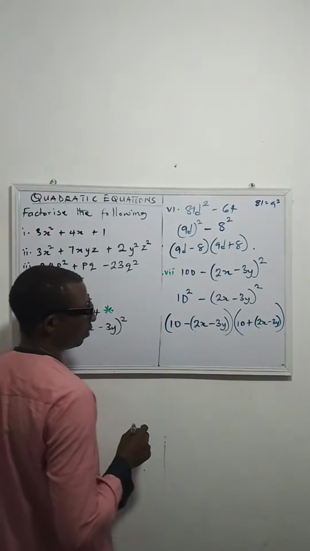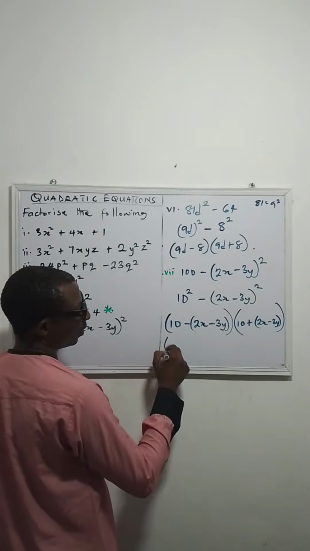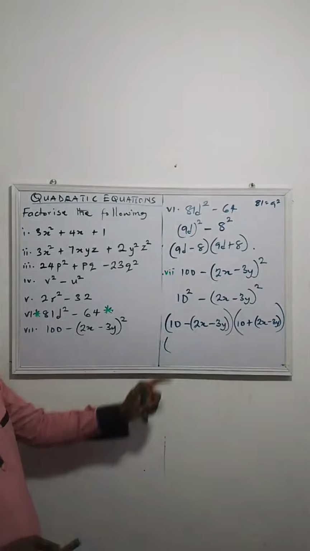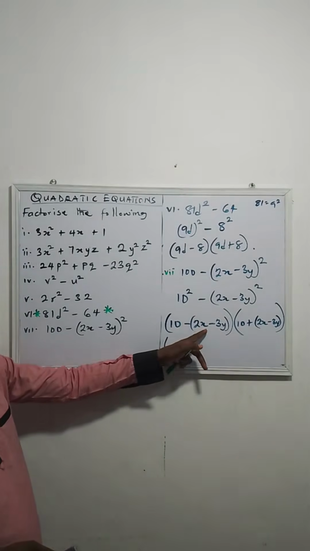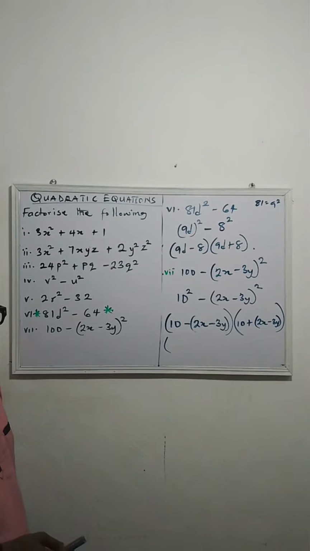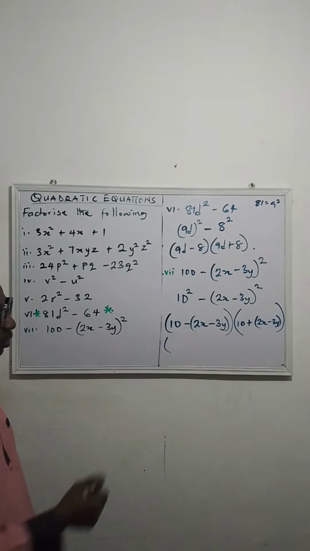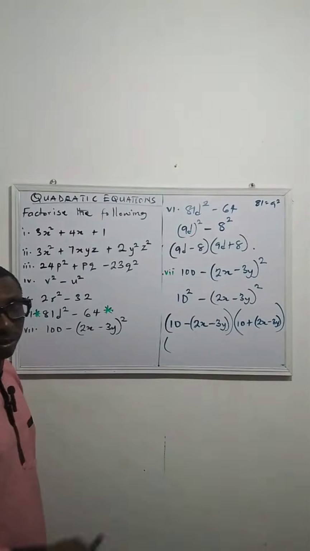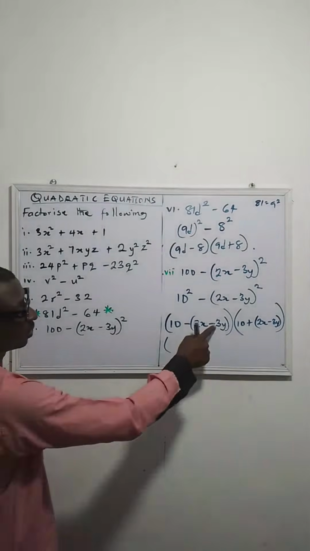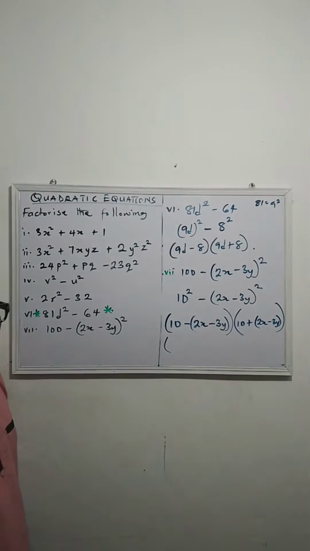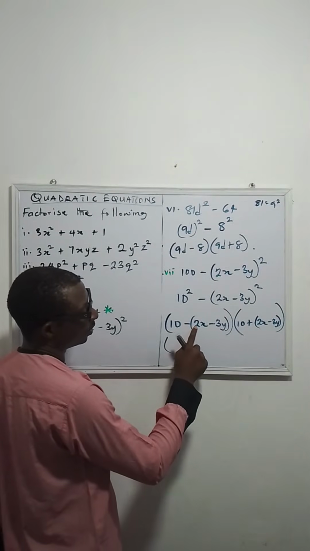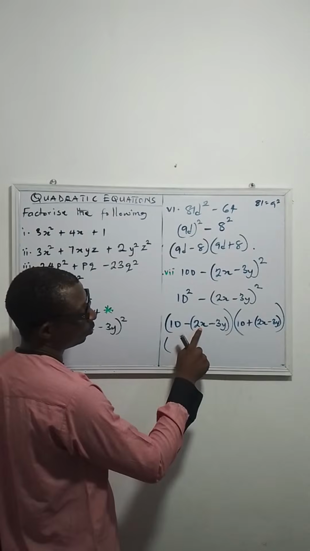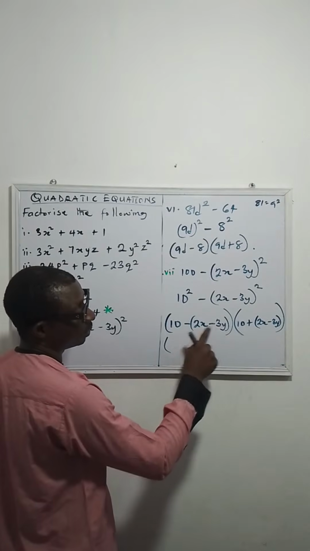Okay, so you have it there. So let's tidy up this. Now, you make sure that the bracket is there. Otherwise, if you just put the negative without the bracket, something will happen, and that will make you miss it because that negative will only affect 2x. It won't affect negative 3y. So in this case, because we have written it well, this negative multiplies 2x and negative 3y.